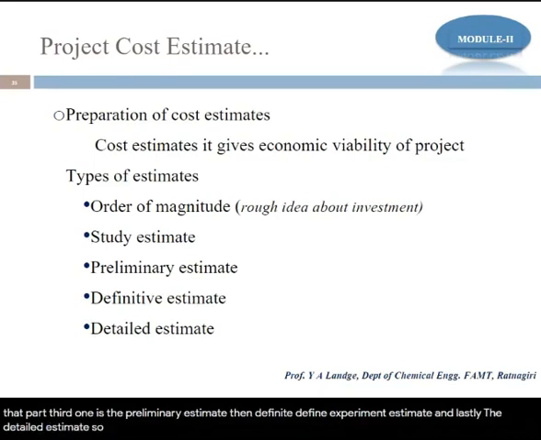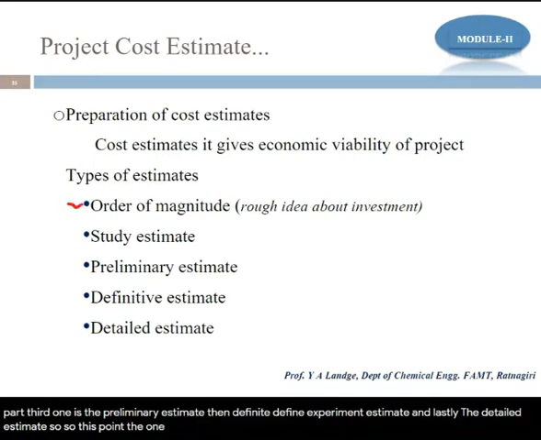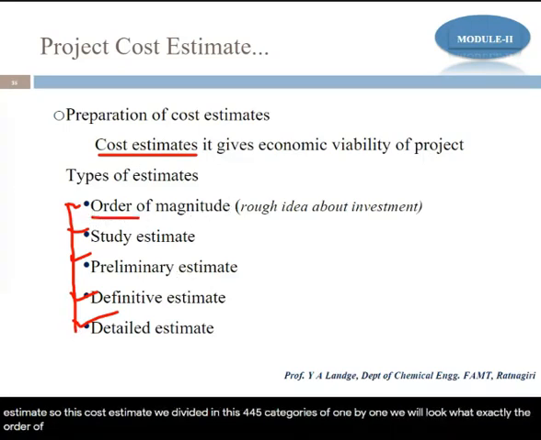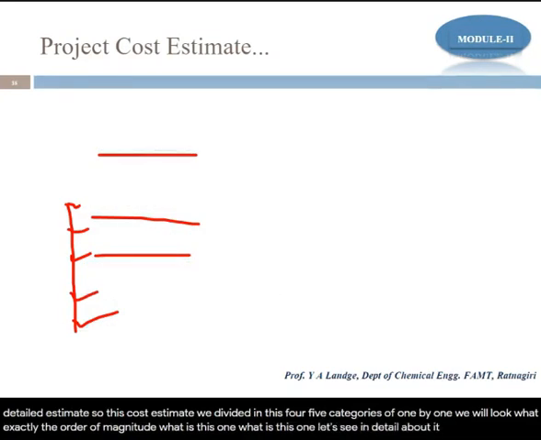So: order of magnitude, study estimate, preliminary estimate, definitive estimate, and detail estimate. We divide the cost estimate into these five categories. One by one we will look at what exactly each one is. Let's see in detail.